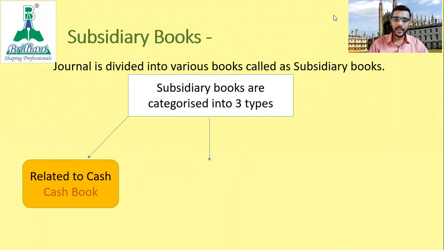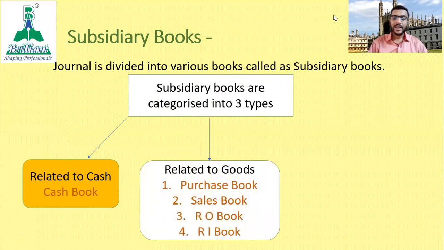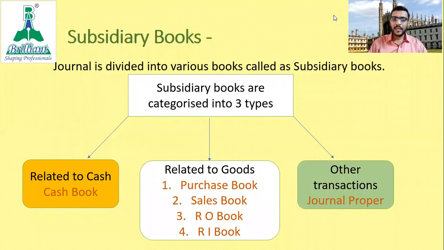Then second, transactions related to goods. Related to goods, there are 4 subsidiary books: purchase book, sales book, return outward book, which means purchase return book, and return inward book, which means sales return book. And the last one is related to other transactions, which are not covered in the first, cash book, and the second, related to goods.